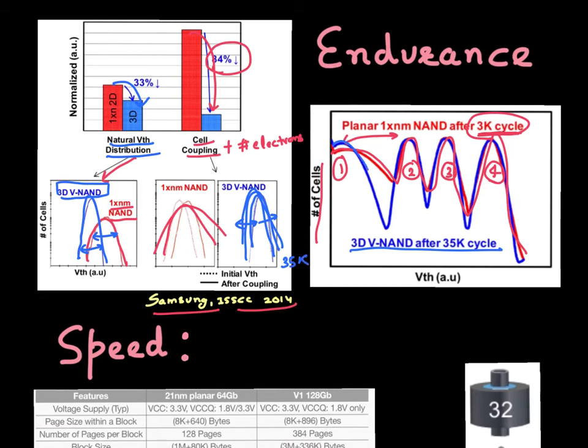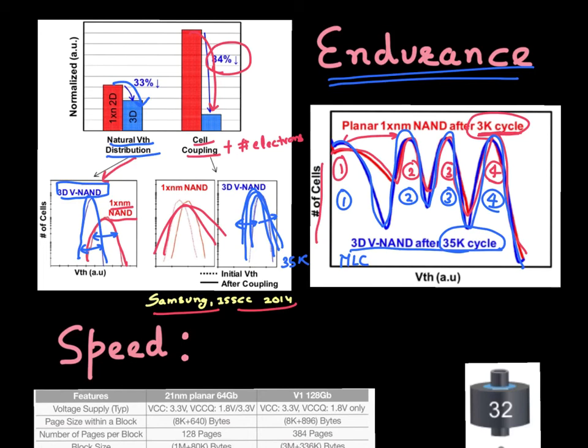So shown here is very impressive data which shows that this multi-level cell, even after you have programmed and erased it 35,000 times, these distributions which correspond to the different bits are very well distinguishable from each other, and the endurance performance is excellent. So we see that already in terms of endurance, 3D NAND flash memory is much better as compared to 2D NAND flash memory cell.